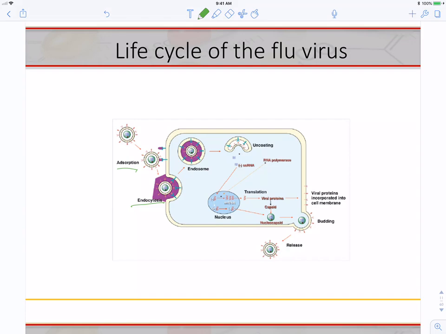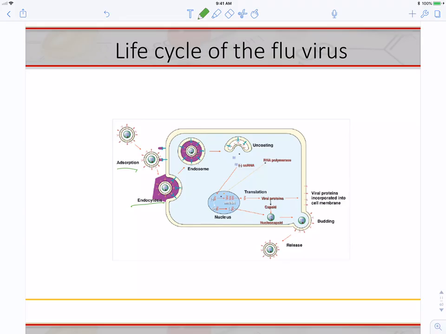The endosome is characterized by very low pH, and that causes hemagglutinin to have a major rearrangement in structure, which we'll see in a second, and that in turn causes the fusion between the RNA nucleocapsid and the cytoplasm of the host cell.